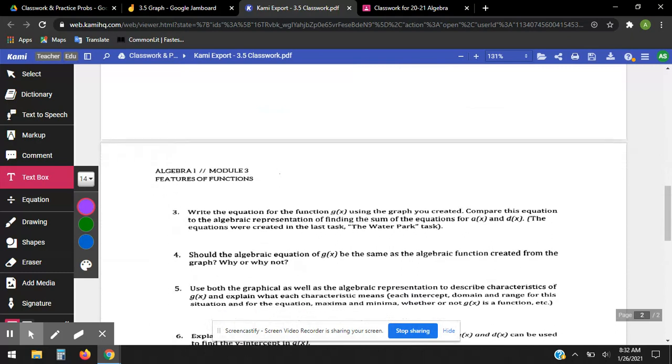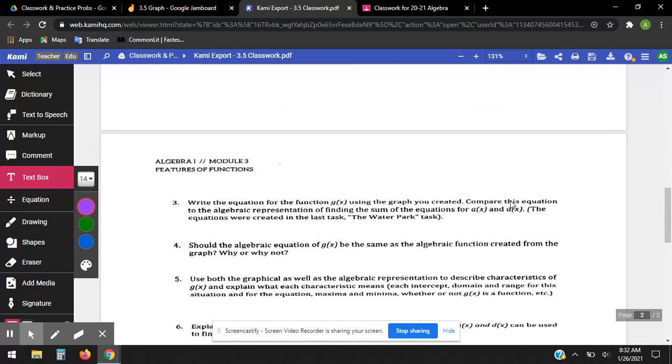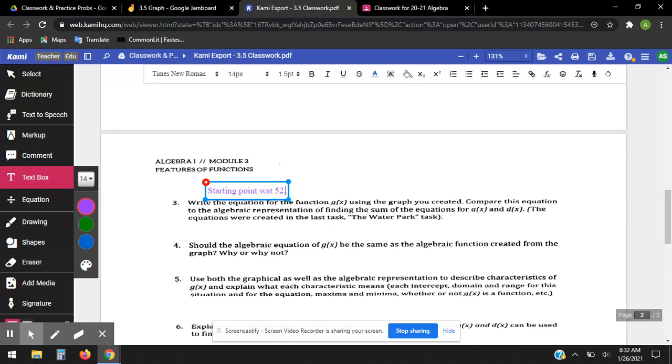All right, so write an equation for the function using the graph you created. Compare this equation to the algebraic representation of finding the sum of the two equations. When we were doing this, we said the starting point was 52,000, right? That was our total again. And then our slope was negative 2,400.